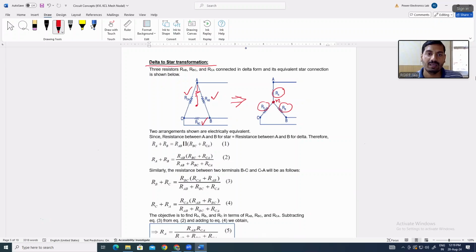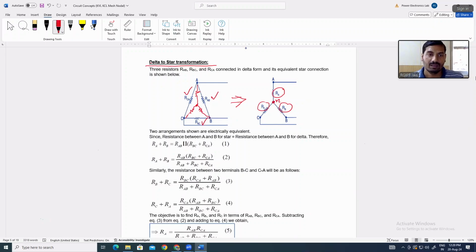Between C and the common node, you have to take a resistor. Similarly, between B and the common node, you have to take a resistor. You have to find these resistance values. So from delta to star, you can represent the delta network as a star network, and you can find the values of RA, RB, and RC.